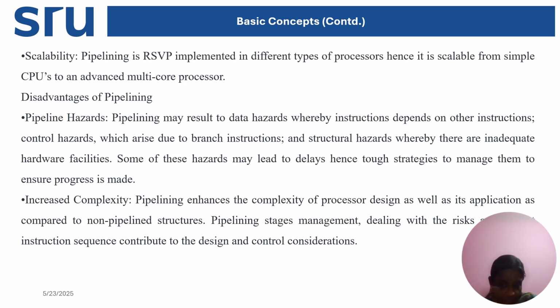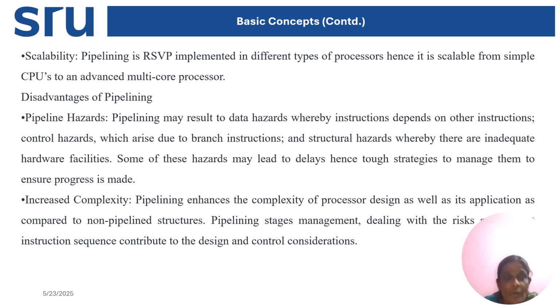In the previous slide I told you, if a second instruction depends on the first instruction's output, a data hazard will occur when the first instruction has not completed its execution, because it has to supply the input to the second instruction. That is the name given to it, data hazard, whereby an instruction depends on other instructions.